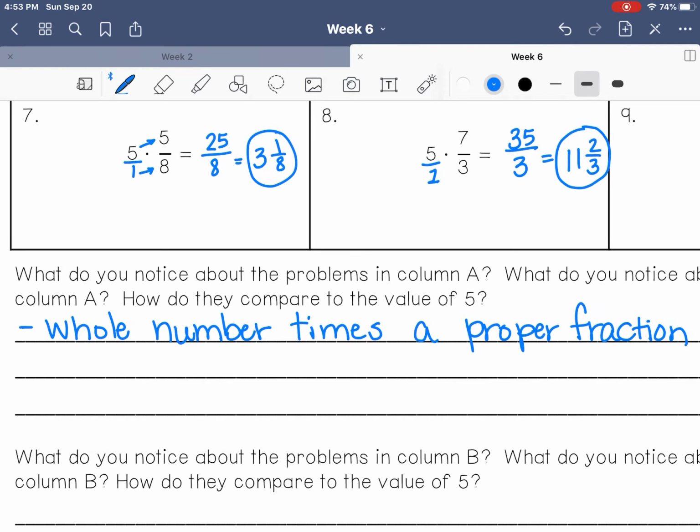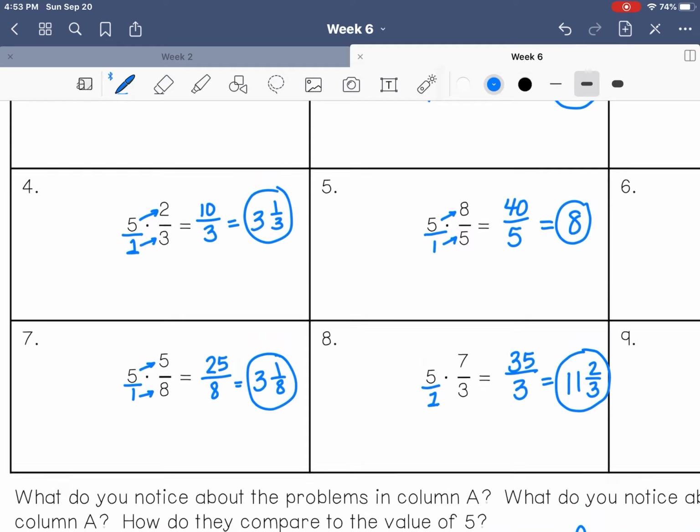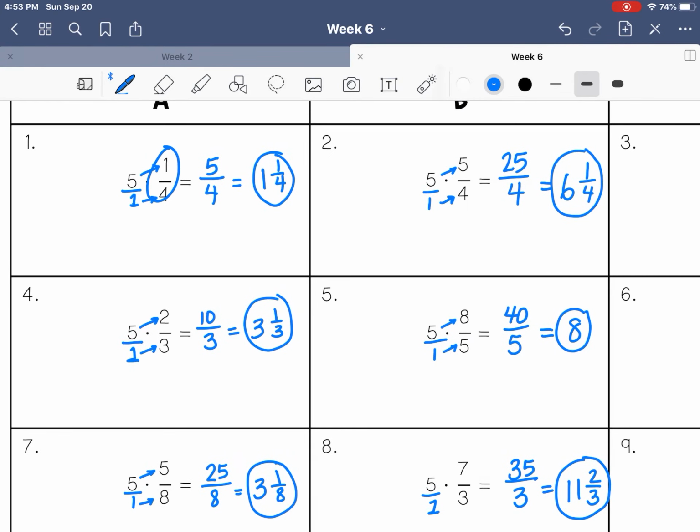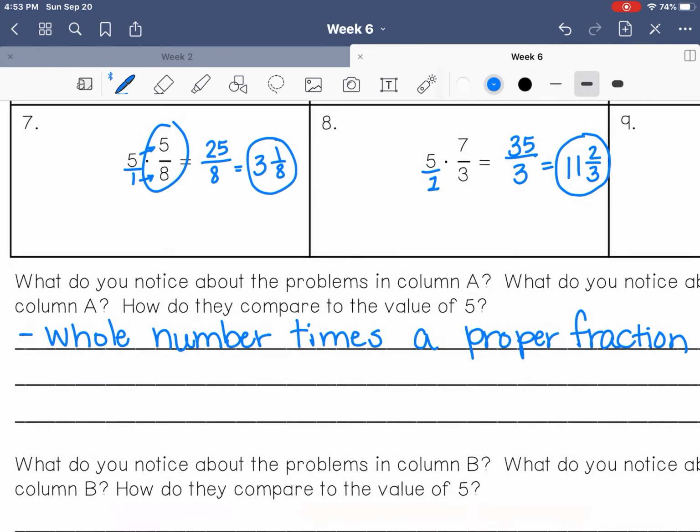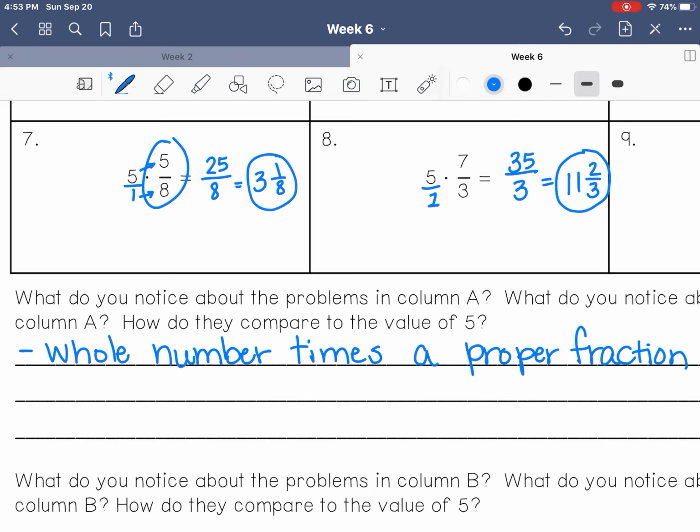So every single time in column A, we multiplied times a proper fraction. 1/4, 2/3, 5/8 are all proper fractions. I also hope you notice, maybe this is important, maybe not, but all the answers were mixed numbers.